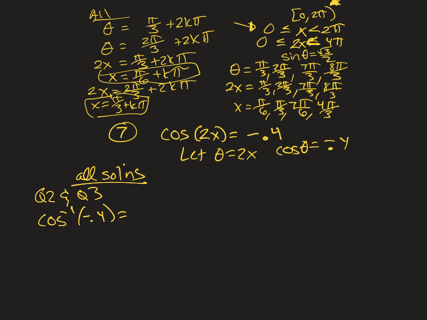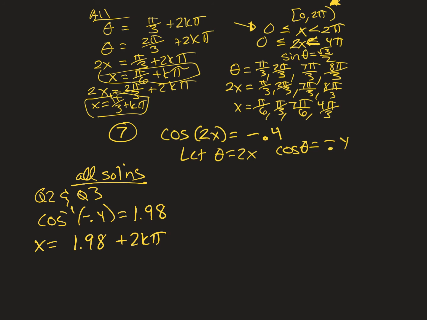And so I'm going to do it on my calculator now. If I do inverse cosine of negative 0.4, I get 1.98. So to capture all quadrant 2 angles, I can say 1.98 plus 2k pi.